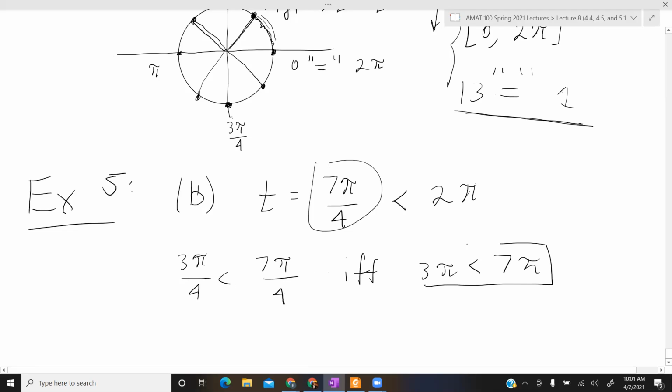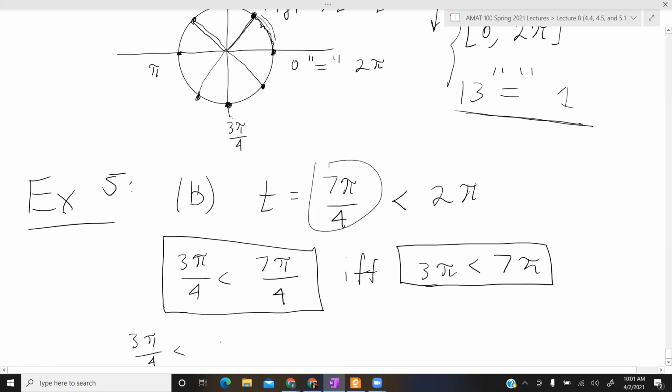This is certainly true, right? So that means t is between 3 pi over 4 and 2 pi. Well, that puts it in this part of the circle right here, and therefore it has to be this point right here.